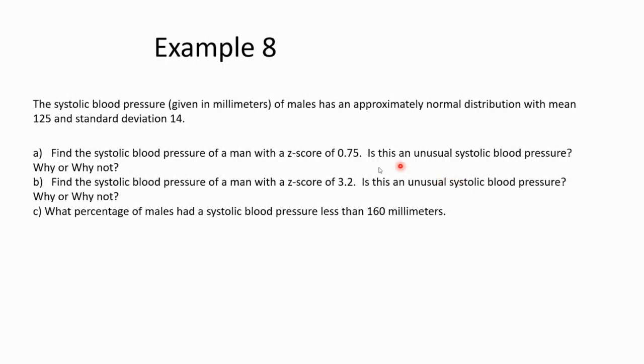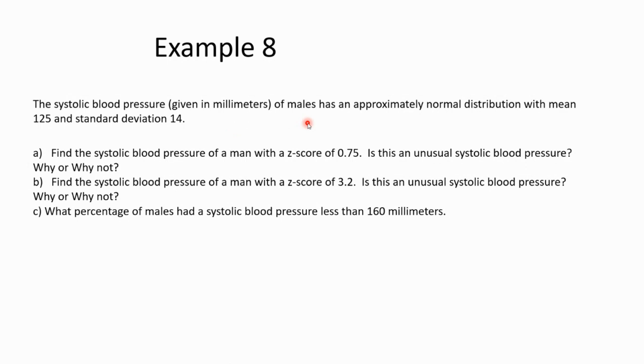This one originally I was going to have everyone try. This is actually from the textbook, but I want us to do this together. So here we have the systolic blood pressure in millimeters of males. It has approximately normal distribution.